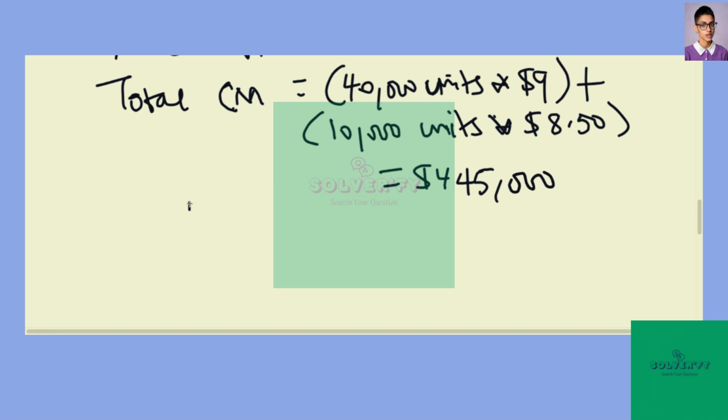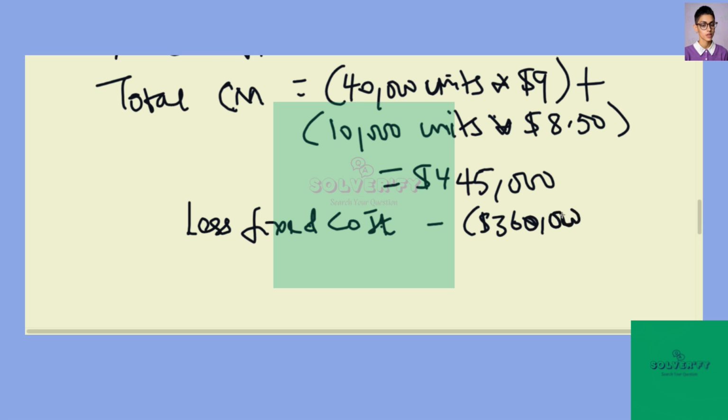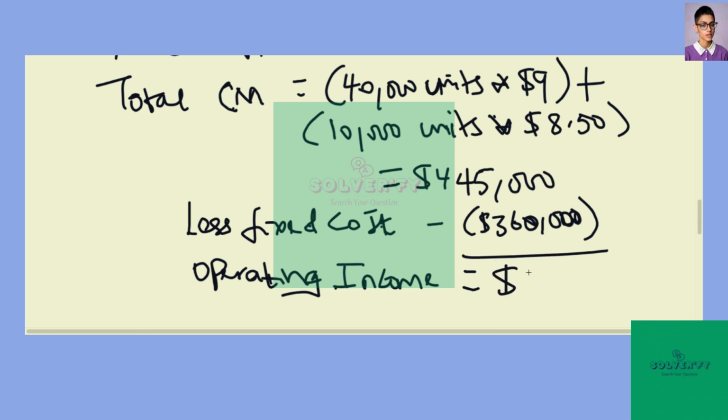445,000. So then we less fixed costs, and fixed cost is 360,000, and then the operating income will be equal to the difference, and that will be $85,000.